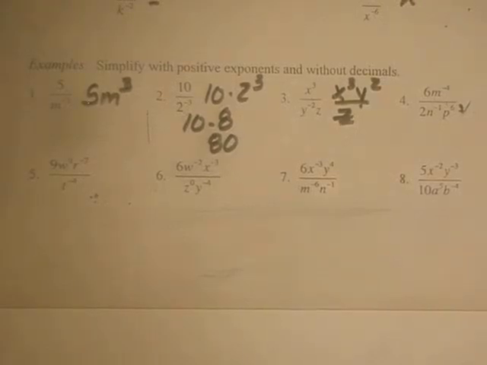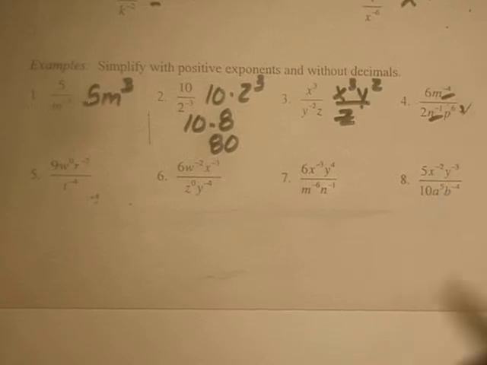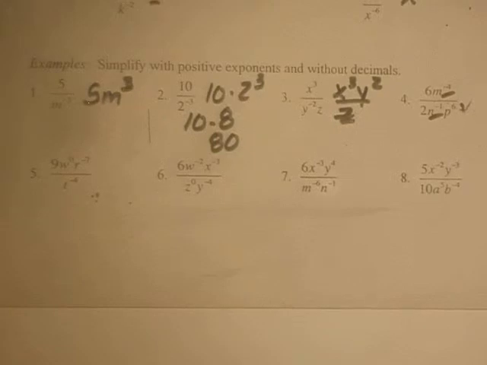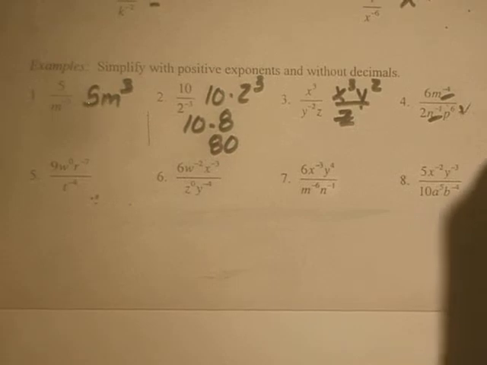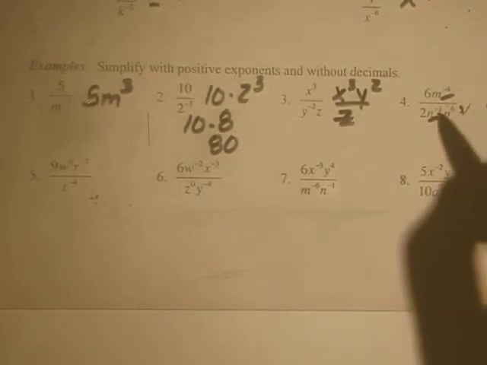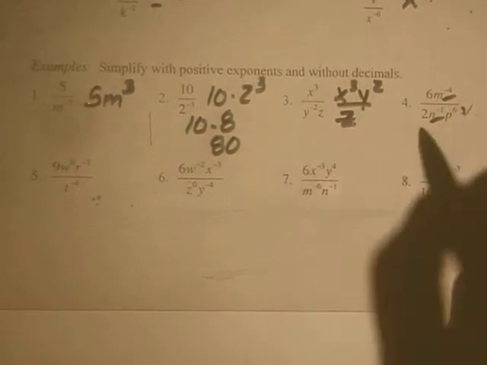Number 4, the m to the negative 4th is a negative, and an n to the negative 1. Those are our only two with negative exponents. If it's on the top, it moves to the bottom. If it's on the bottom, it moves to the top. So that becomes 6. This m to the 4th is going to go in the bottom.